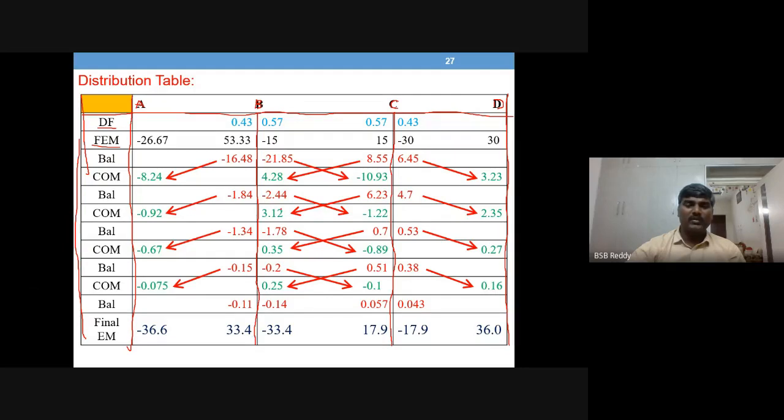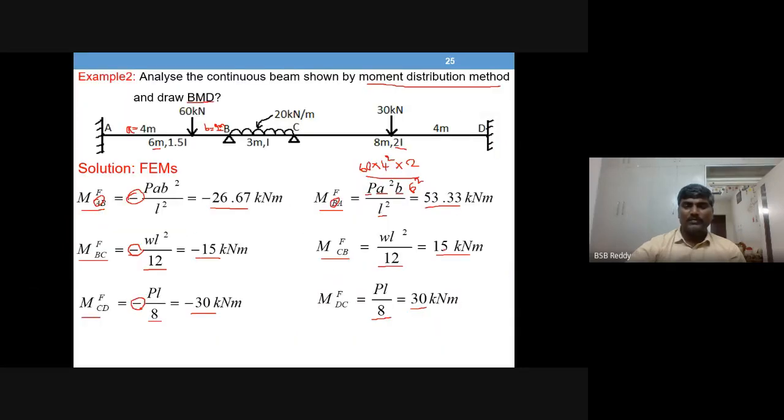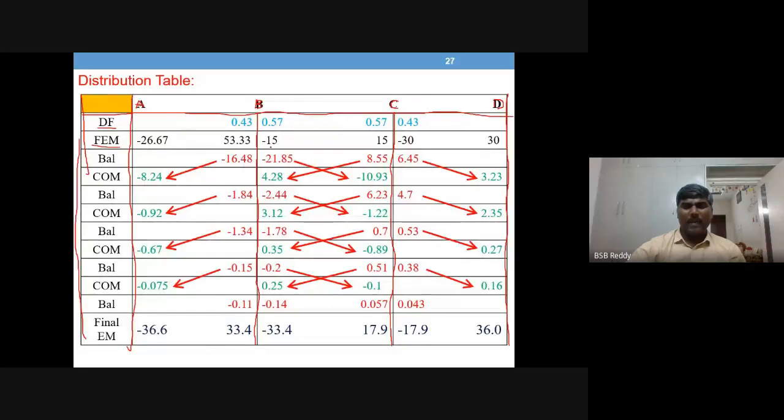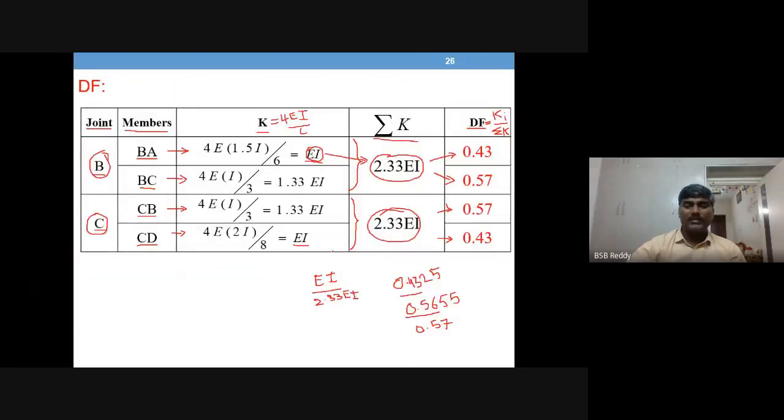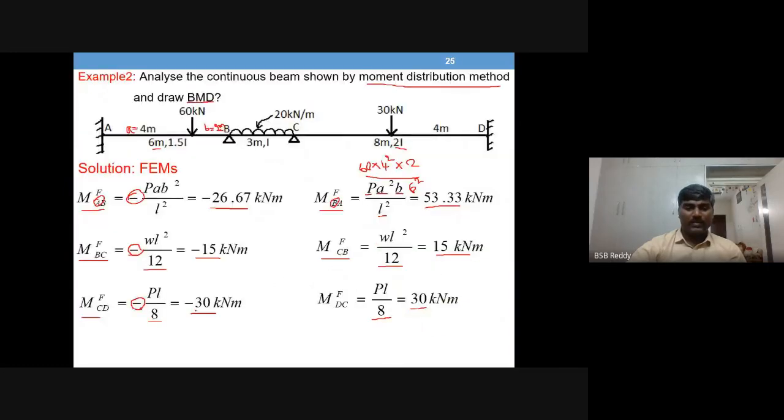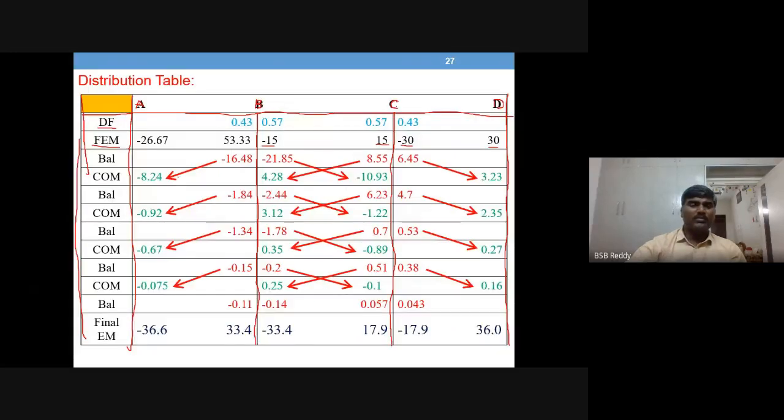Again, BC has got two values, minus 15 plus 15, and minus 30 plus 30. So likewise, we write fixed end moments. Now what you do? Take the first joint, joint B. What is the total moment there?